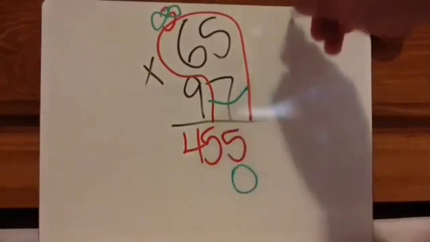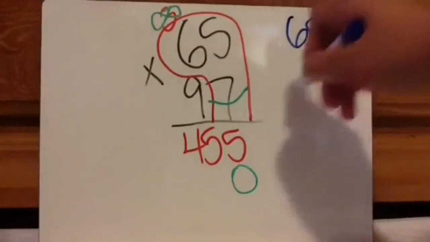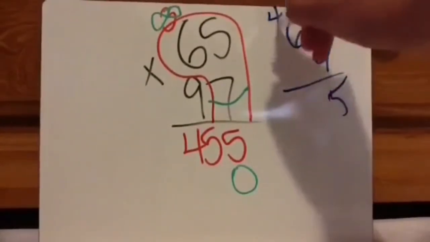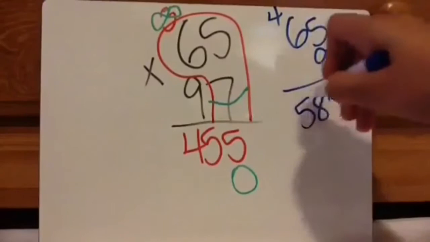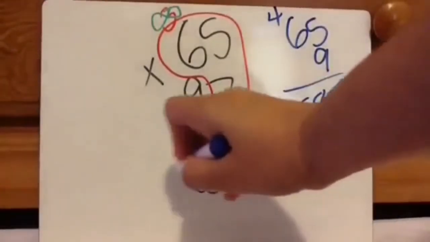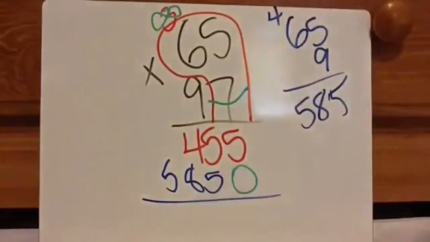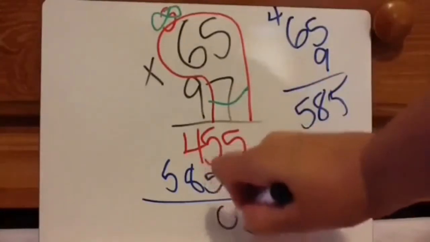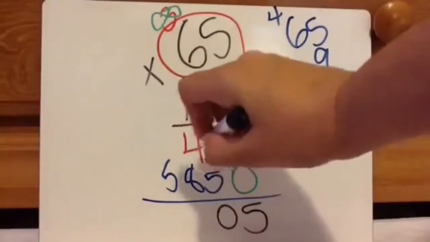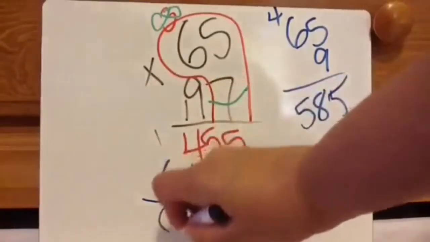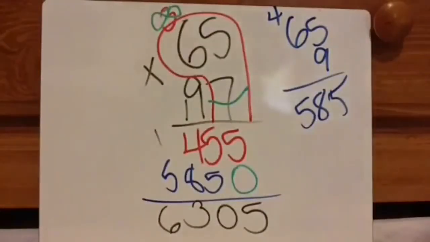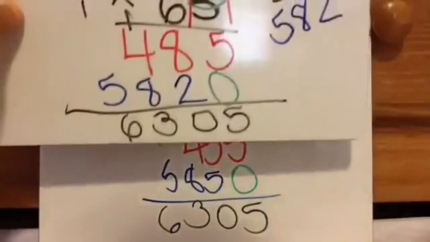Step 3, 65 times 9. I got 585. And then step 4, add those up. I got 6,305, which is what I got over here.